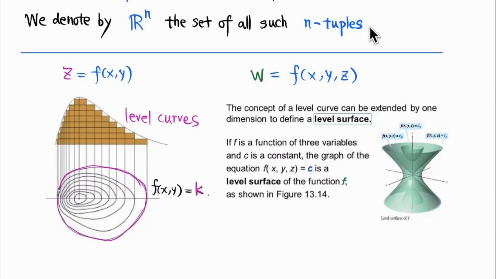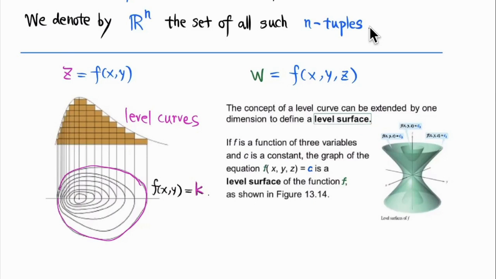When we try to gain insights into this function of three variables, we examine its level surfaces. Extend level curves by one dimension, we get level surfaces. How do you find those level surfaces?